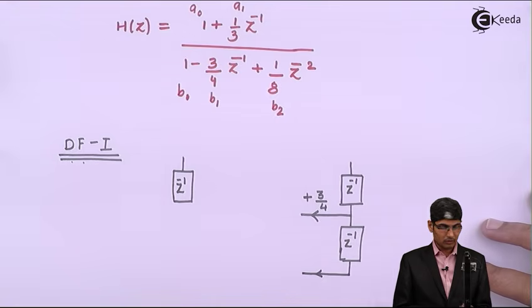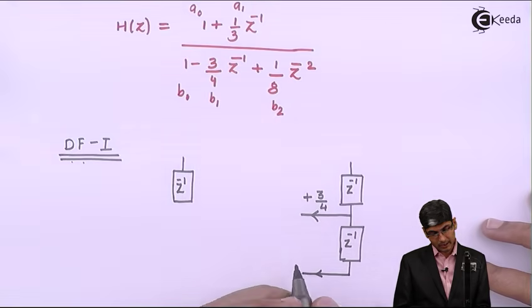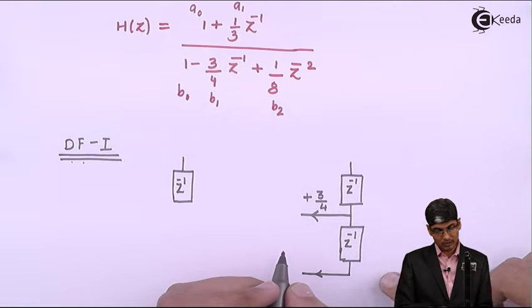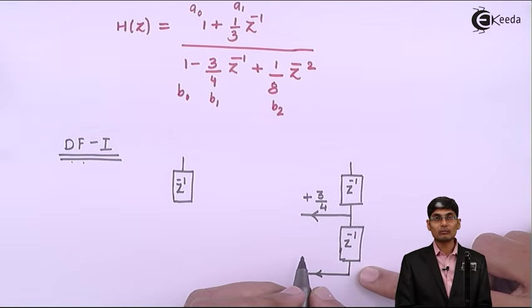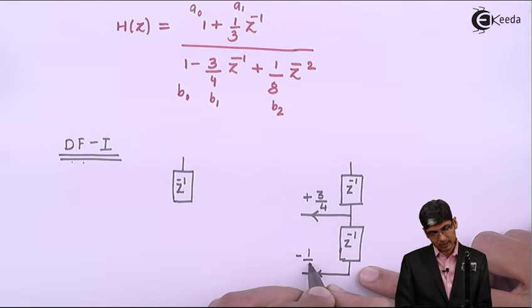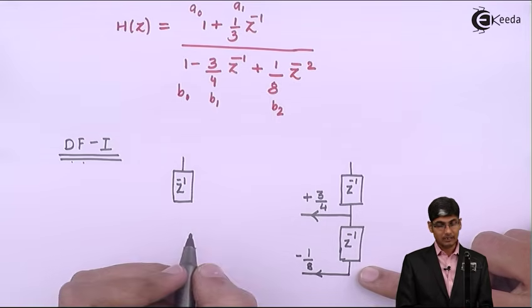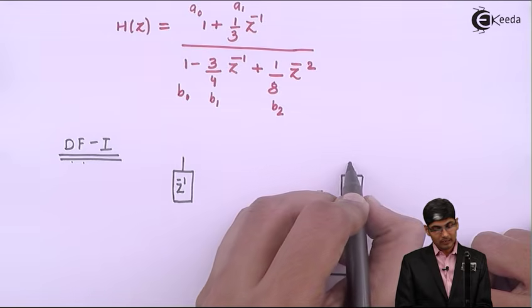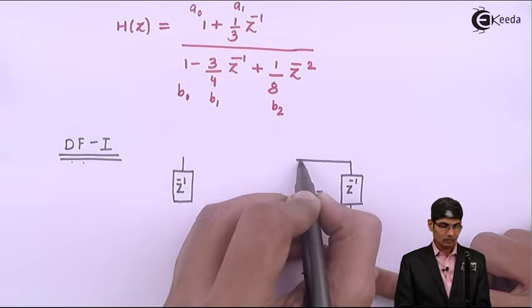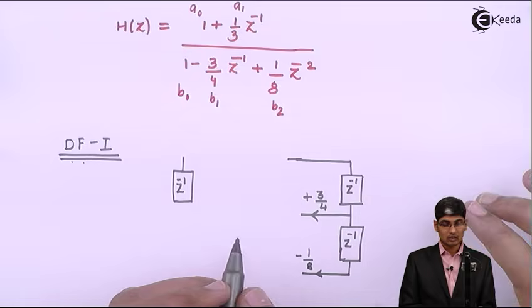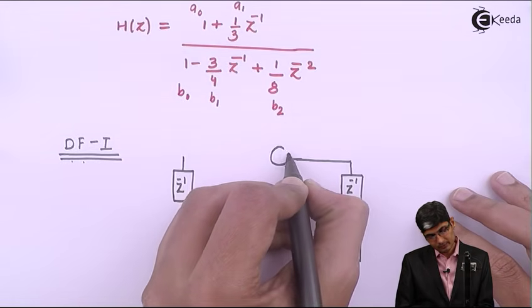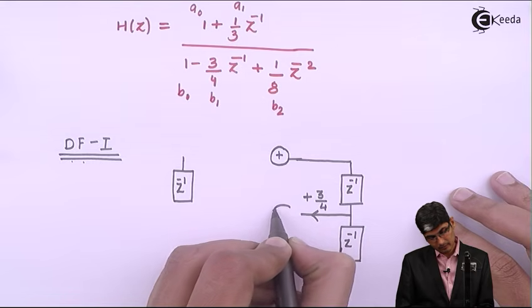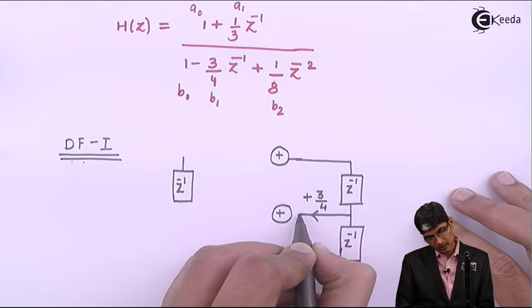Then when I come back from here, it would be plus 1 by 8, because that is with z raised to minus 2, so instead of plus 1 by 8, I change the sign and write minus 1 by 8. Then I have 1 in the first place. Now I need to add them all, so I will put an adder.